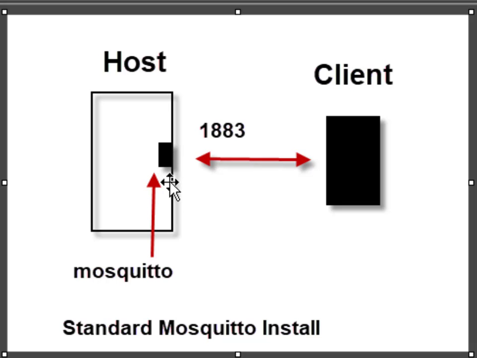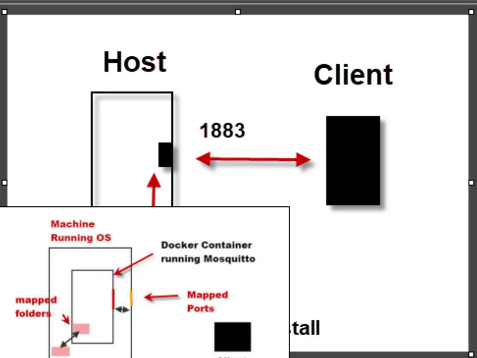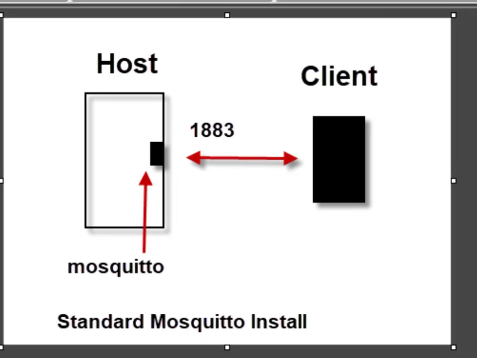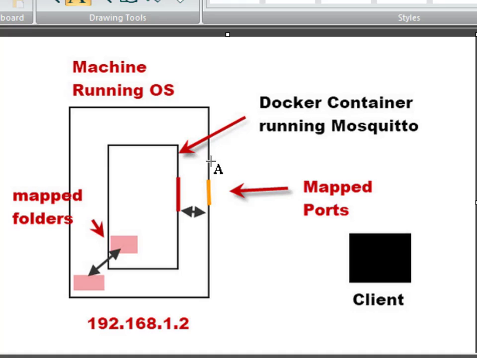So how does that fit into the container? Oh, before I move on there, all of the configuration files and all of the log files, persistent data, etc. is stored locally on the host in the file system on the host machine. Now if we look at the container, we've got our host here, which is the outer box, and inside we're running a Docker container, in this case Mosquitto.